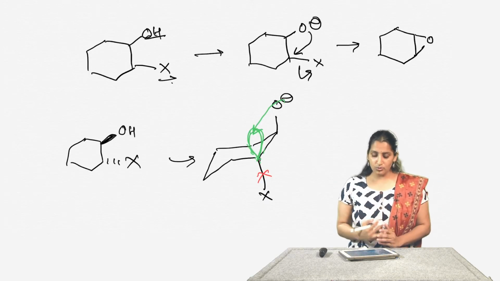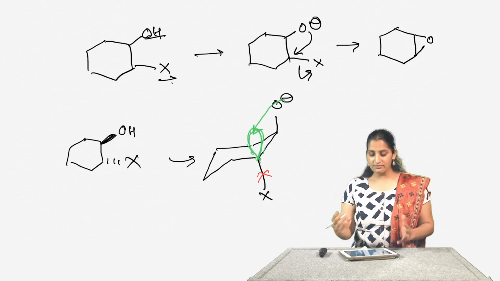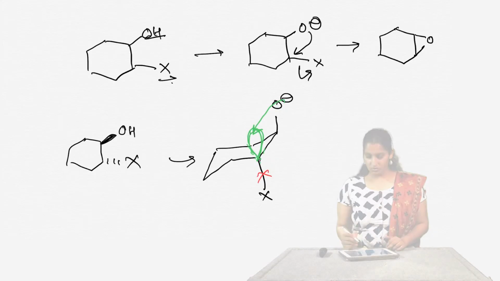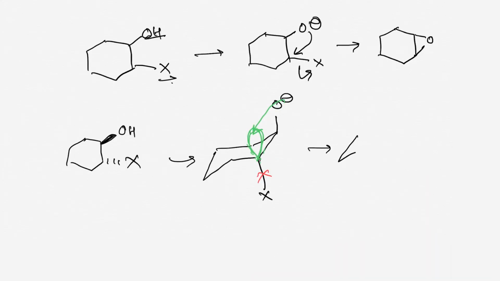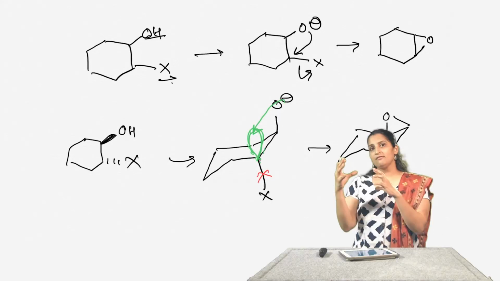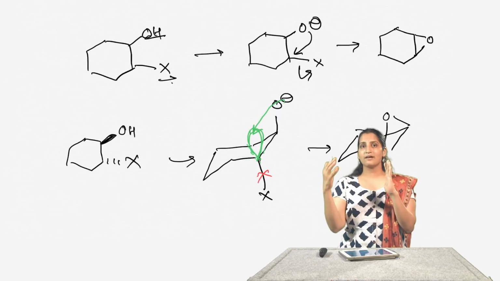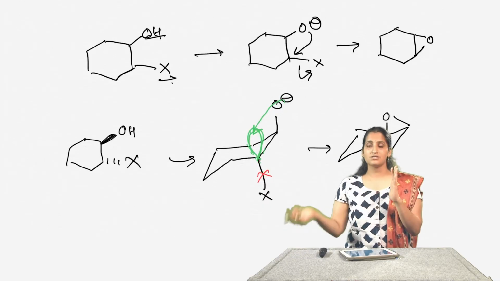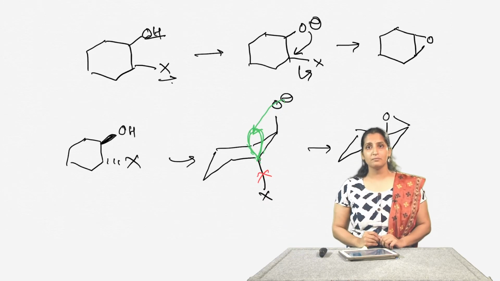Now, it cannot do that if you cannot achieve this kind of conformation. It cannot do this kind of reaction. So, the reason why this is possible is that the oxygen can find the anti-bonding orbital right next to it and can easily put its electrons in such that the carbon-halogen bond breaks.